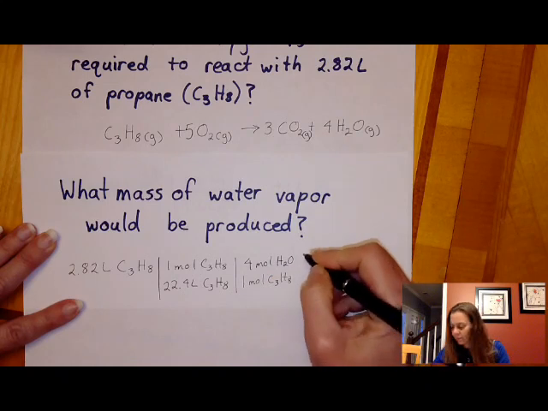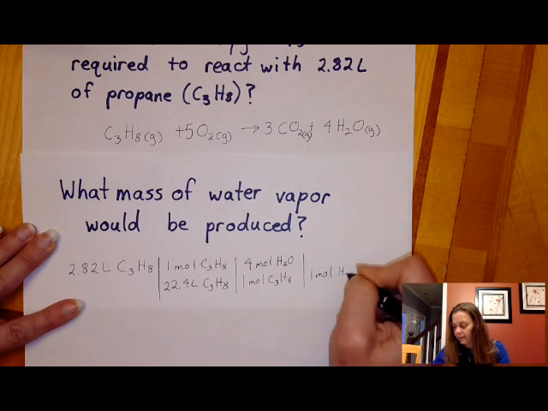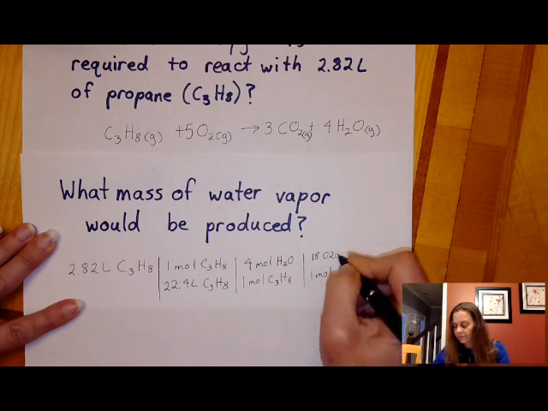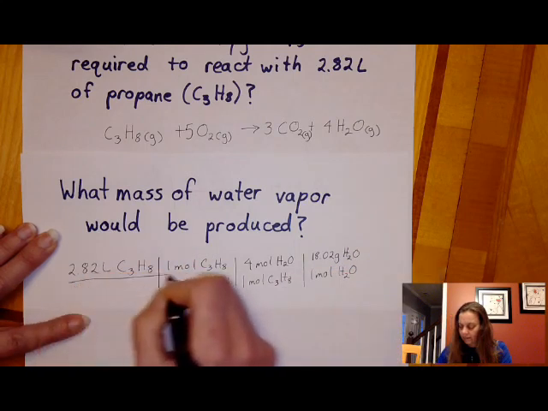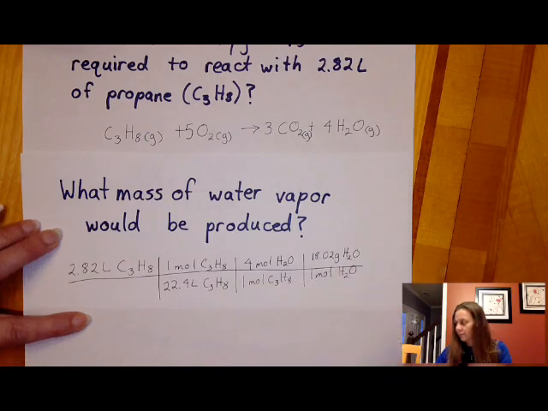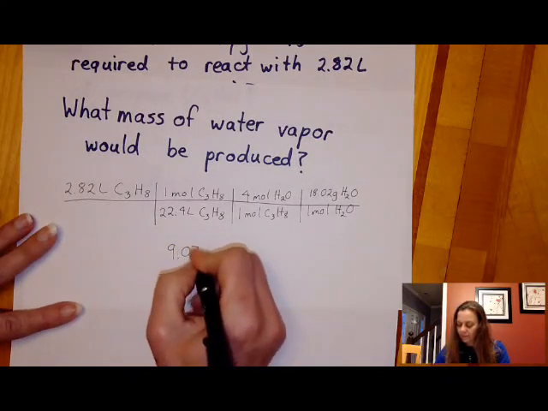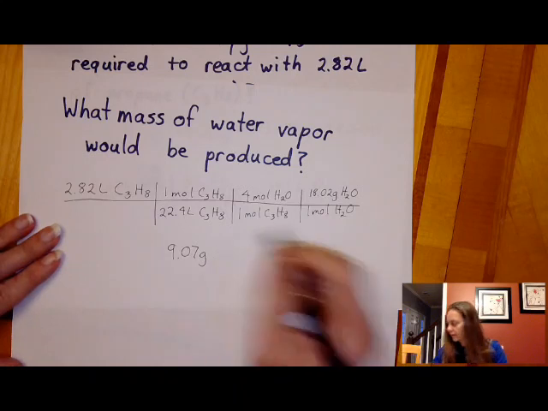And every 1 mole of water has a mass of 18.02 grams. And when we do all of the math, that gives me 9.07 grams of water, I think.